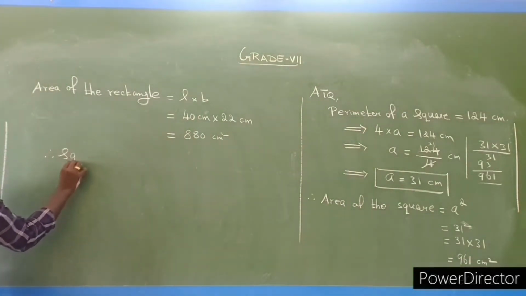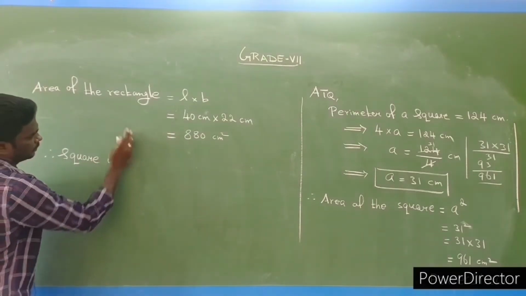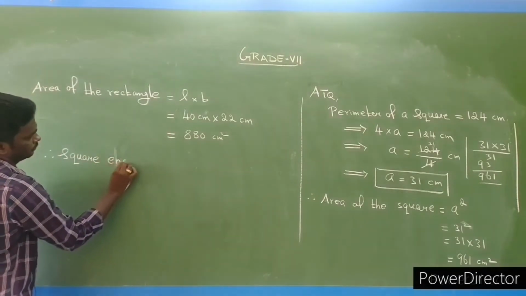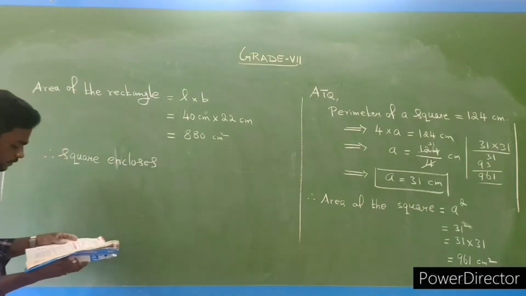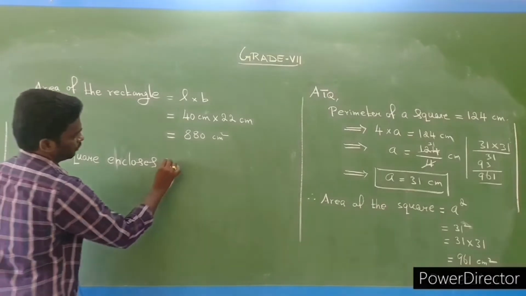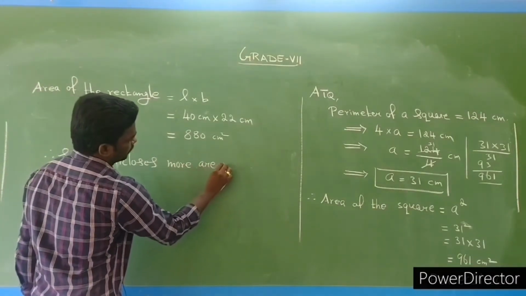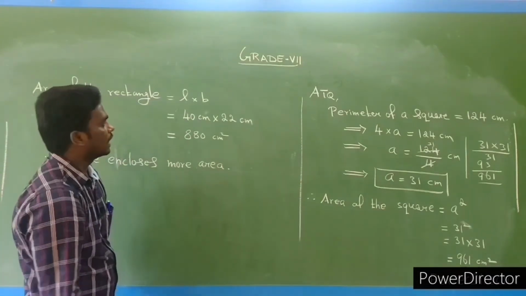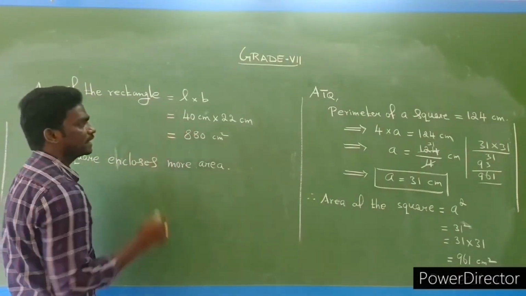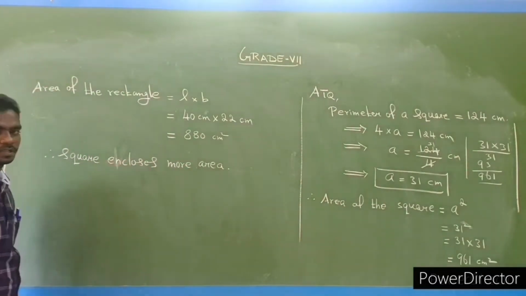Therefore, square encloses more area. So we know clearly the area of the square is 961 and the area of the rectangle is 880 centimeters square. So the square encloses more area.